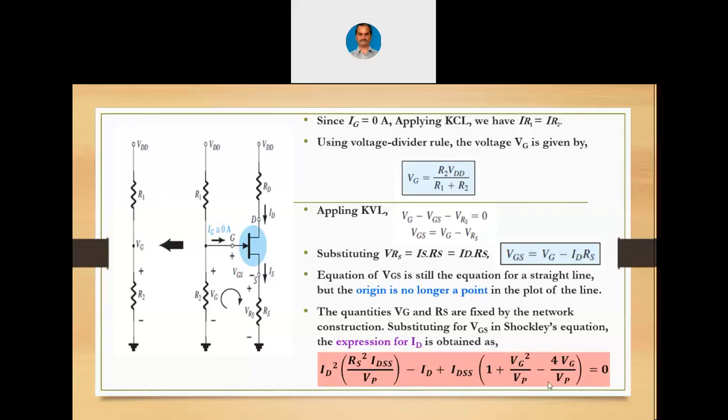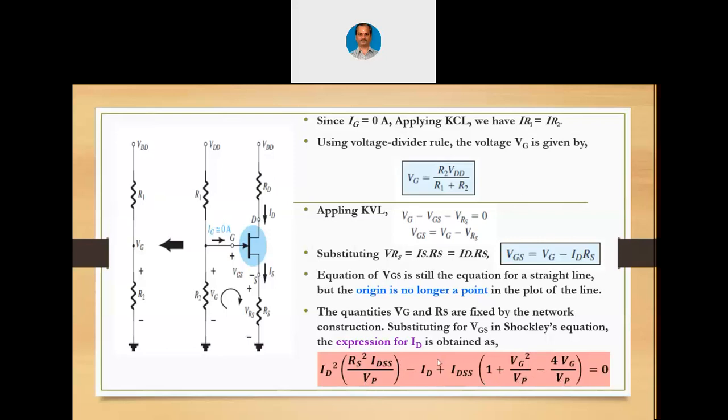When you bring it to a standard form, you will get an expression like this, which is in the form of a x square plus b x plus c, where a into ID square, a is Rs square into IDSS by Vp square, b into ID, b is minus 1 here, and c is IDSS into 1 plus Vg square by Vp square minus 4 Vg by Vp.